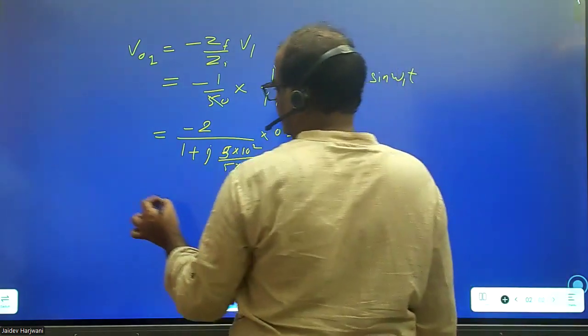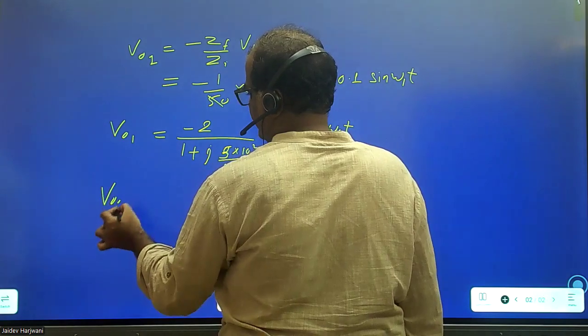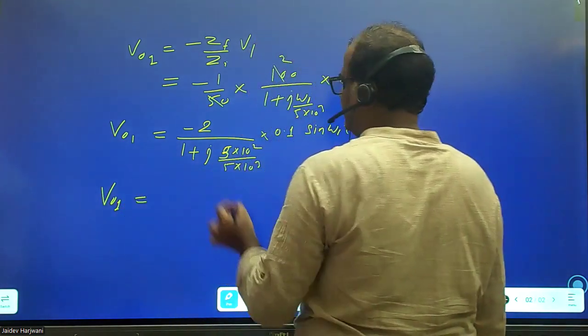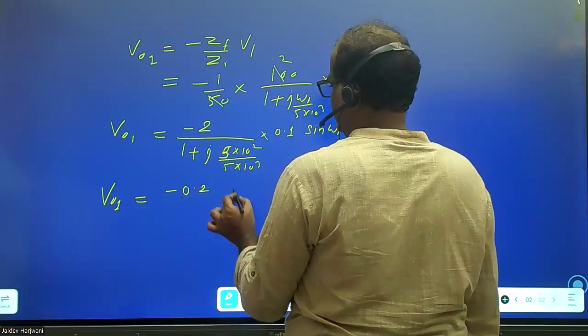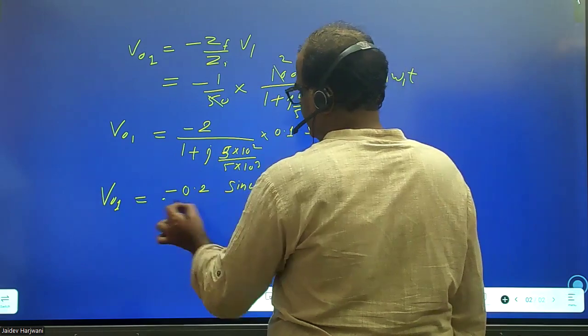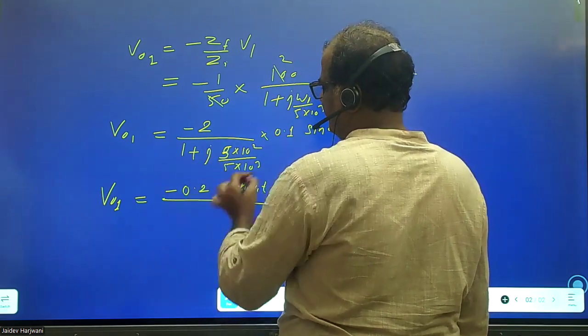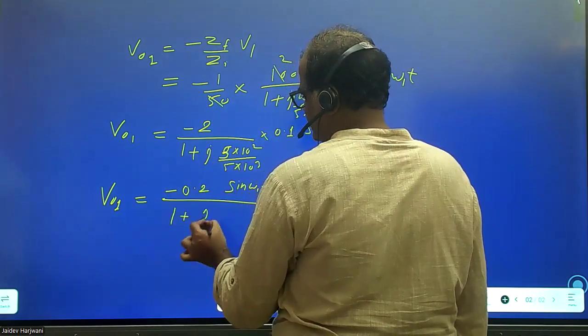So V01 will be minus 0.2 sine omega 1t, and this denominator will be 1 plus j by 10.